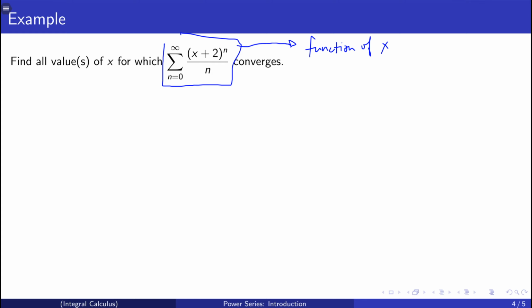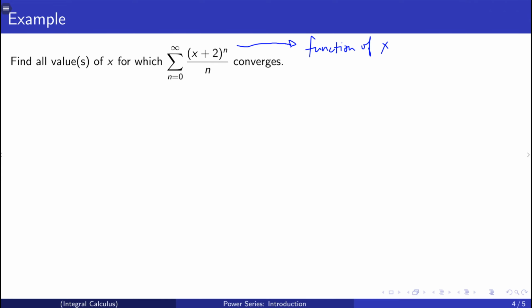So the domain of the function is, remember, the things you're allowed to plug in and get a finite value out of it. So that's exactly what we're trying to do here. For which values of x do you actually get something that makes sense, a finite real number?